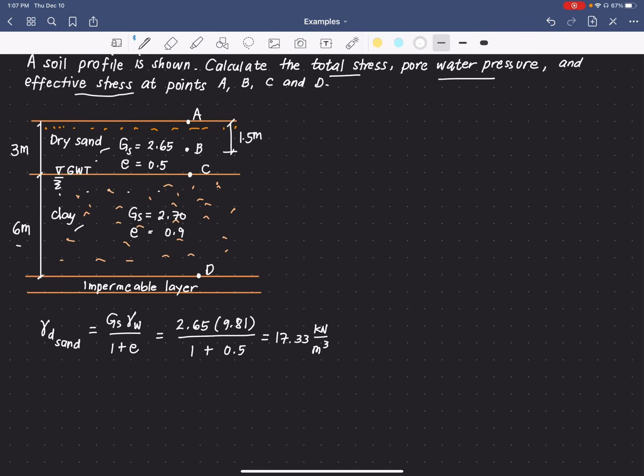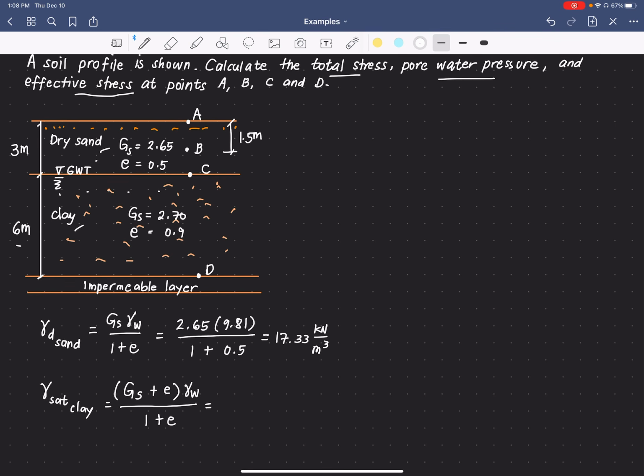Then below the groundwater table, we have the clay layer. So we need to calculate the saturated unit weight of the clay. There is also a derived formula to calculate the saturated unit weight, which is equivalent to the specific gravity plus e, times gamma sub W, over 1 plus the void ratio.